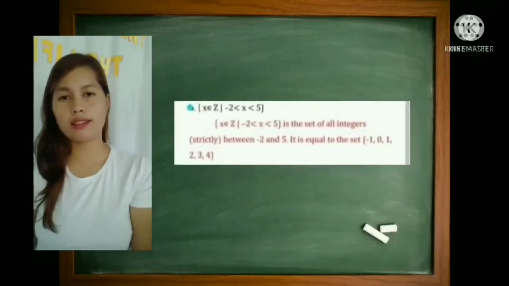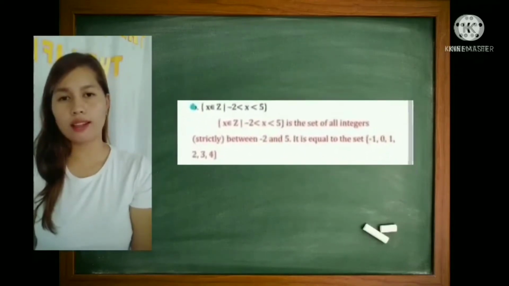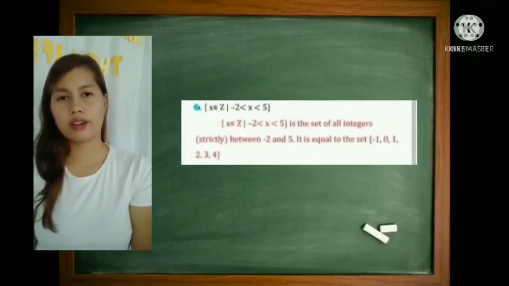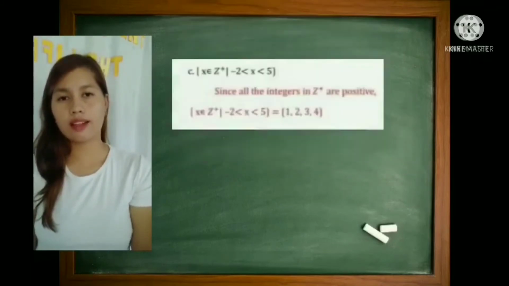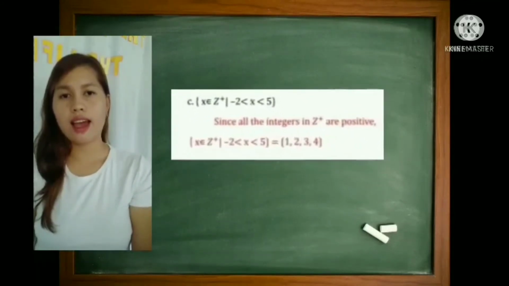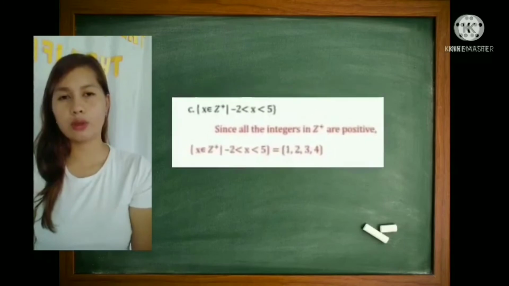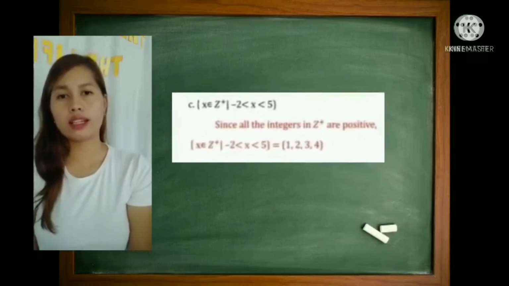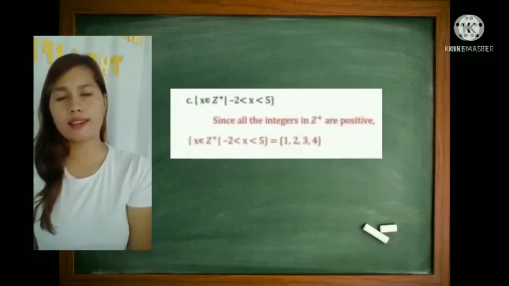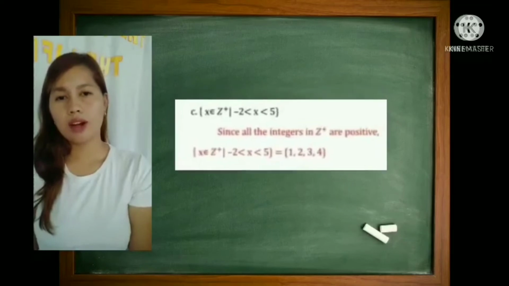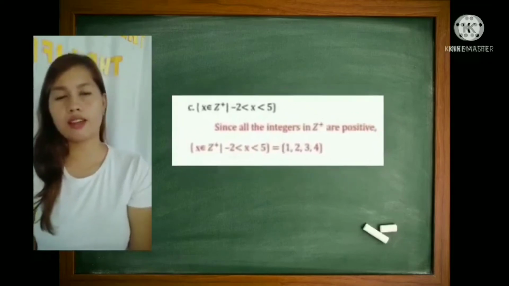It is equal to the set {-1, 0, 1, 2, 3, 4}. The set of all elements x in the positive integers such that x is greater than negative 2 but less than 5. So, ito naman po, kukunin natin yung elements na mas mataas sa negative 2 na mas mababa sa 5, pero ang condition niya, positive integers.